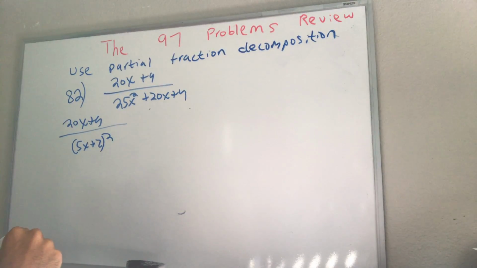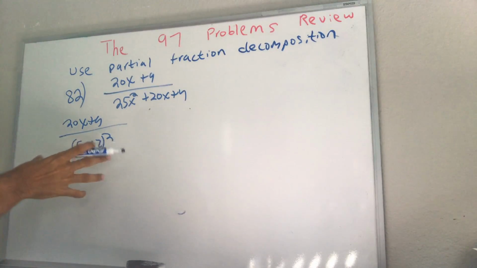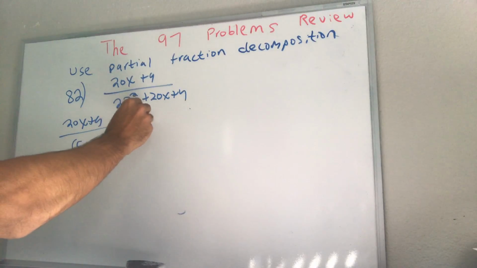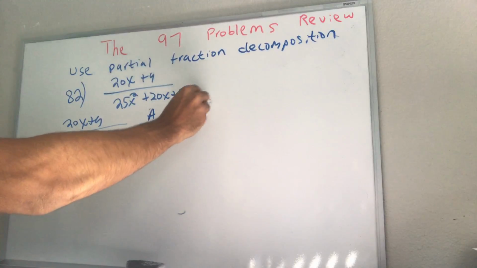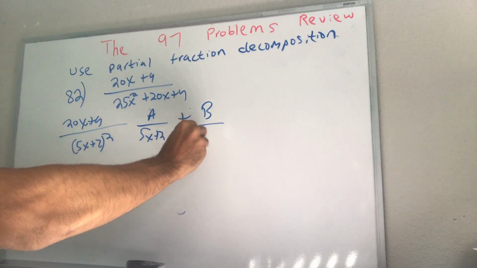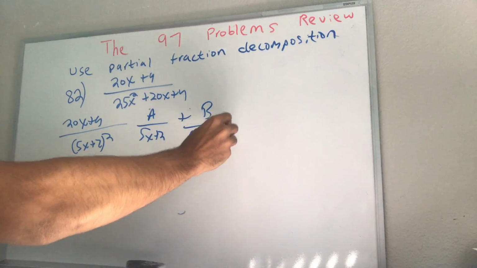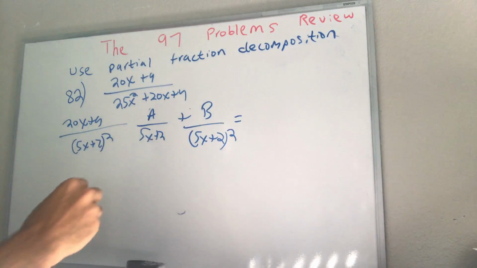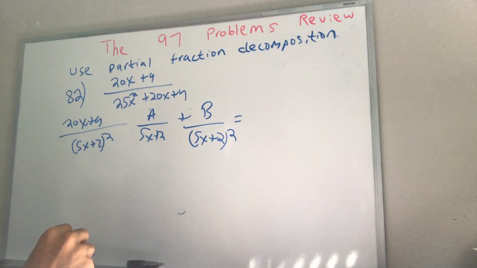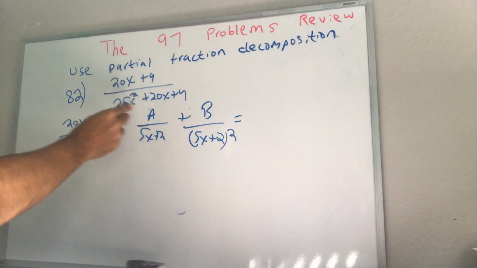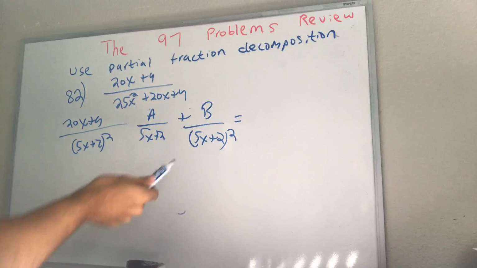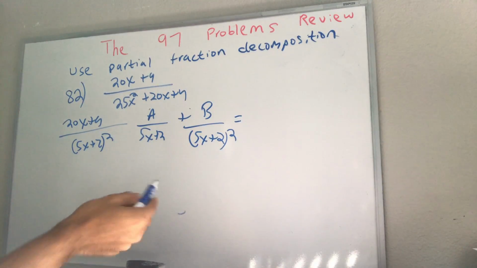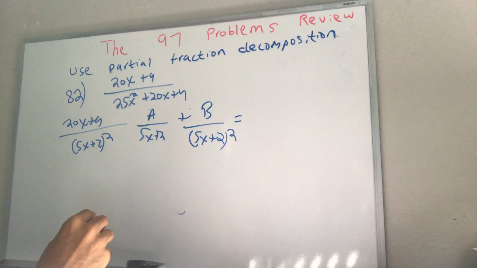This is an easier problem because we have repeated linear factors, so we can write this as a divided by 5x plus 2, plus b divided by 5x plus 2 squared, which is equal to 20x plus 9 divided by the denominator. What we can do is get the common denominator, which in this case is 5x plus 2 squared.